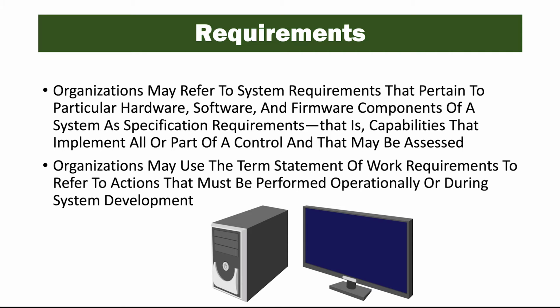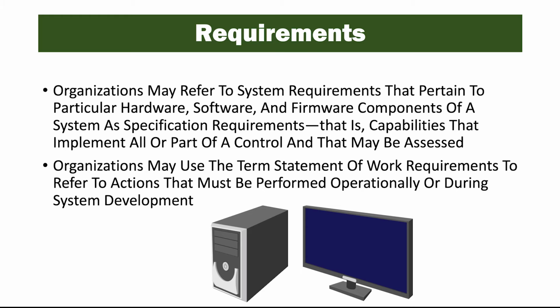Organizations may use the term statement of work requirements to refer to actions that must be performed operationally or during system development. So we have a couple terms here we can use. A statement of work can define those controls or other requirements that must be performed operationally or during system development, and system requirements may pertain to a particular hardware, software, or firmware component of a system, and we can call them specification requirements.